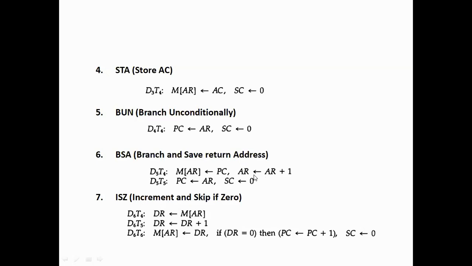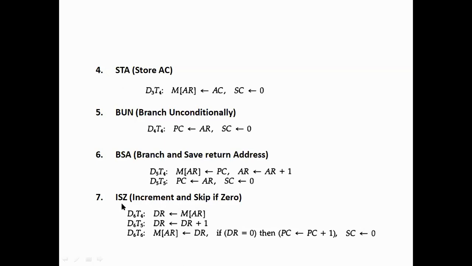Then we went to the next position in AR, where we may find the new procedure address. So from this place, we put this address in PC now. So the PC is overwritten now with the new address, the branch address. Now here branching is occurring. So this is saving, and we need two clock cycles. In one clock cycle, we save the return address, and in the next, we branch.